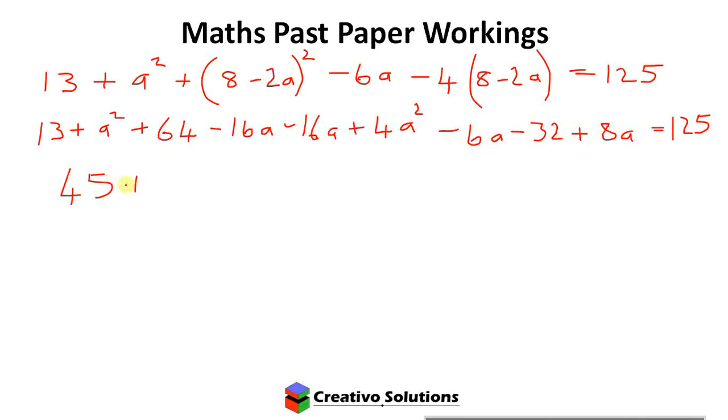Okay, I've got a squared, so a squared plus 4a squared is 5a squared. Then I need all the a's. There's minus 16a, minus 16a, minus 16a, minus 6a, plus 8a, which is minus 30a. Equals 125.